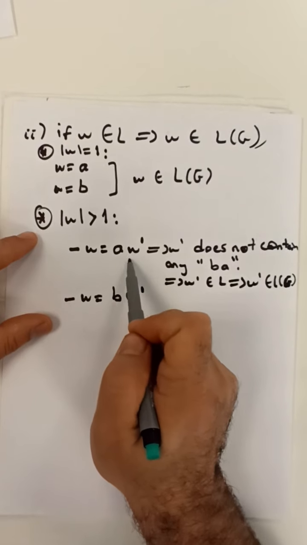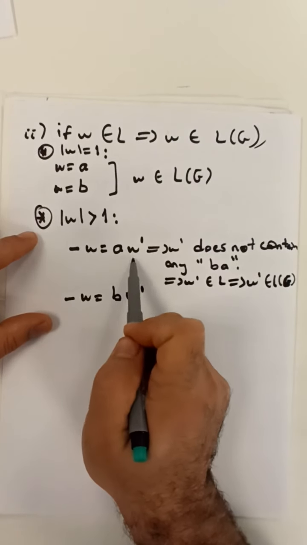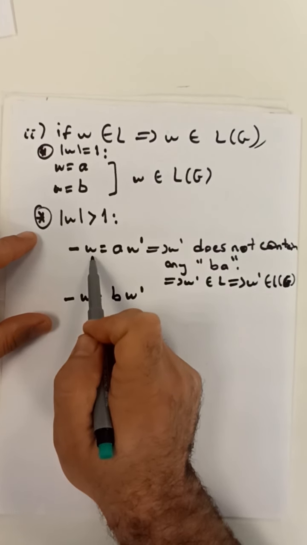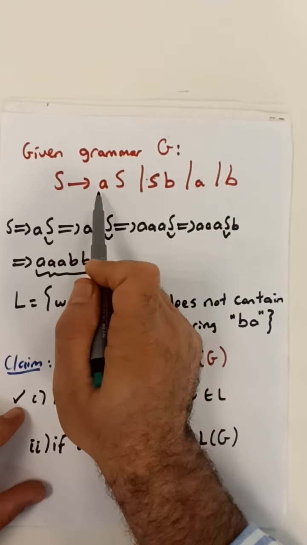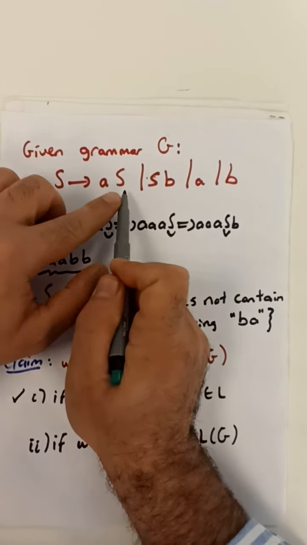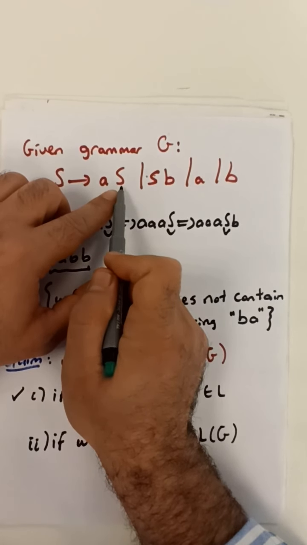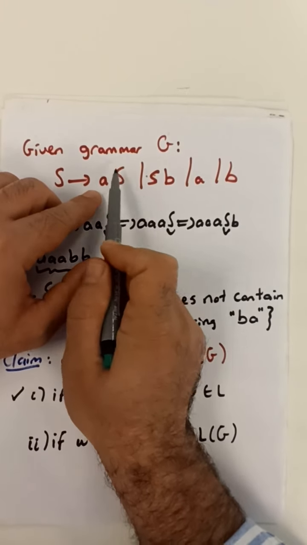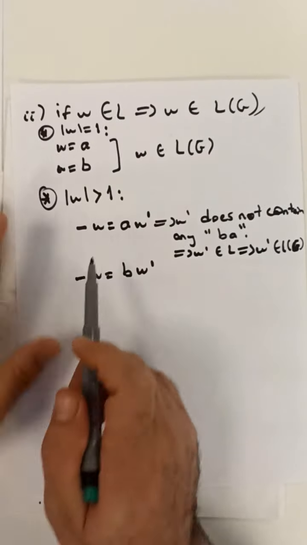Now if our grammar G is capable of generating this W prime, then W actually corresponds to a string generated by our grammar as well, because we have the following rule that says if you can generate some W prime from our starting variable S, then you can add an A and get another string generated by our grammar G. And that is exactly what W is.